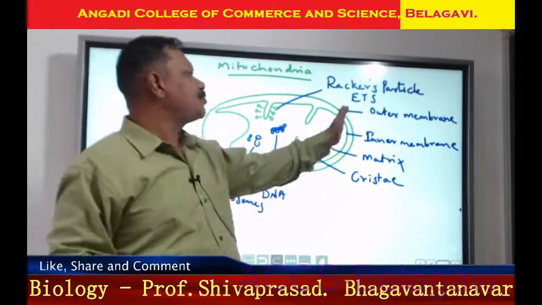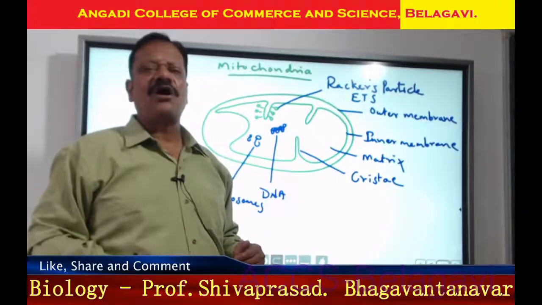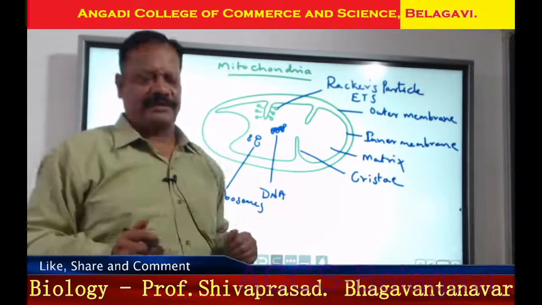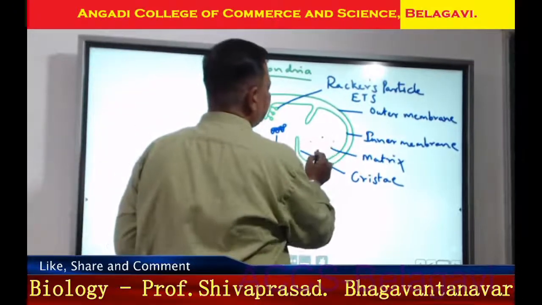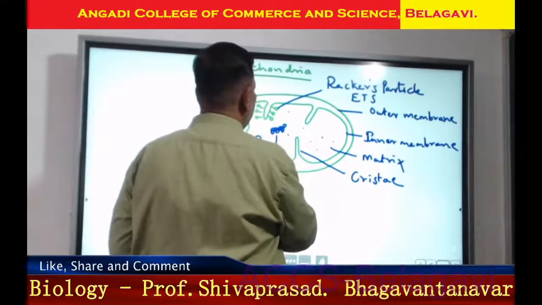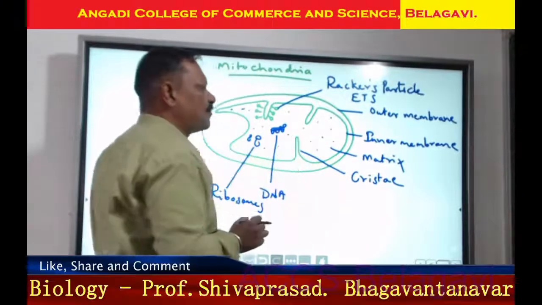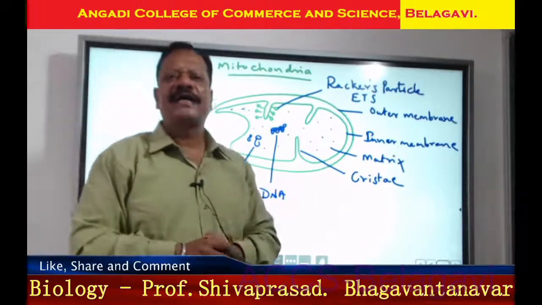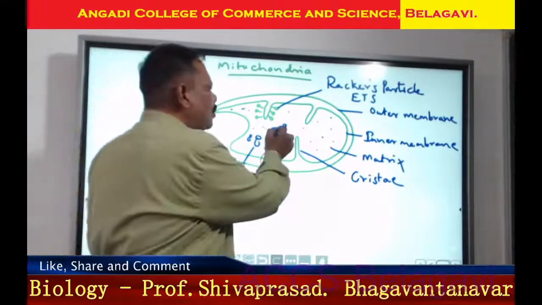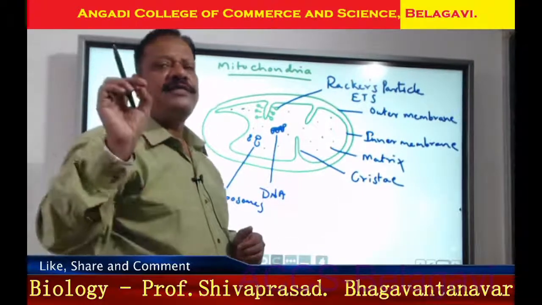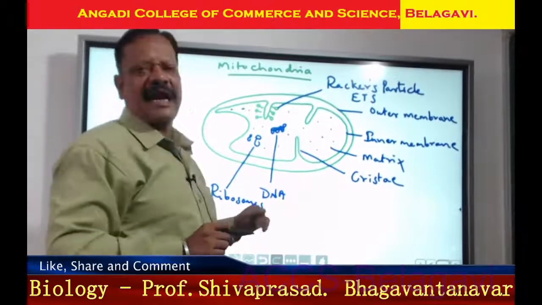In between the two membranes, there is a space called the intermembrane space. Inside, this area is completely covered with liquid or fluidy matter, which we call the matrix. It also contains a small DNA and ribosomes.